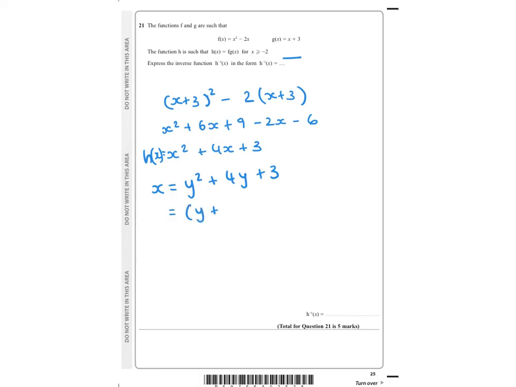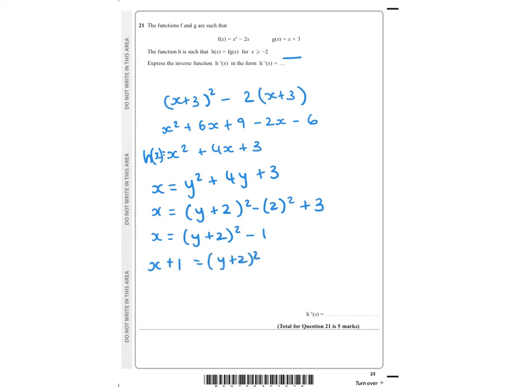So we're going to get y plus 2 squared minus 2 squared plus 3. So x equals y plus 2 squared minus 4 plus 3, which is negative 1. Now we have it in this form, we can rearrange it. So we're going to add 1 to both sides: x plus 1 equals y plus 2 squared.